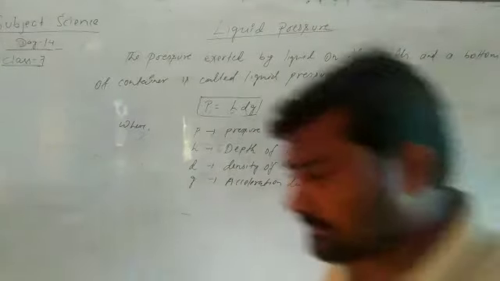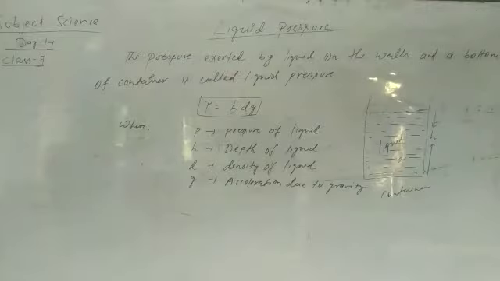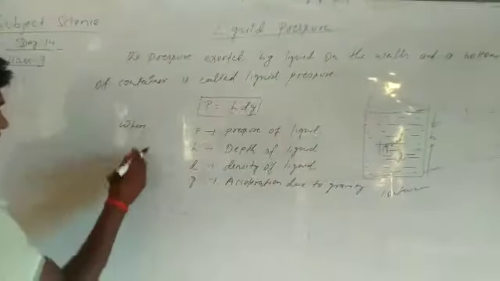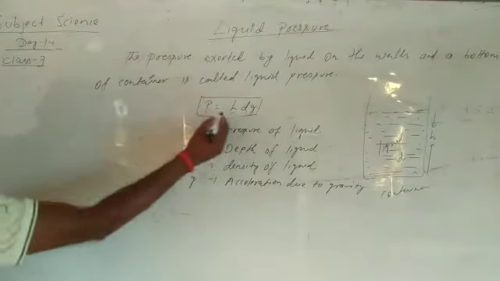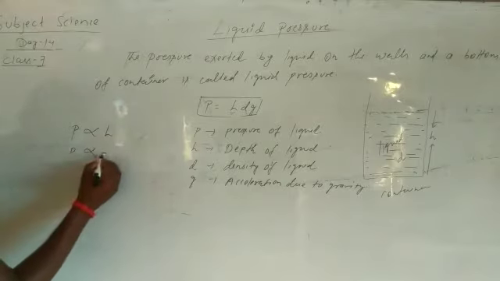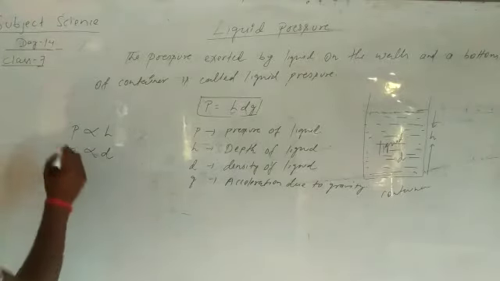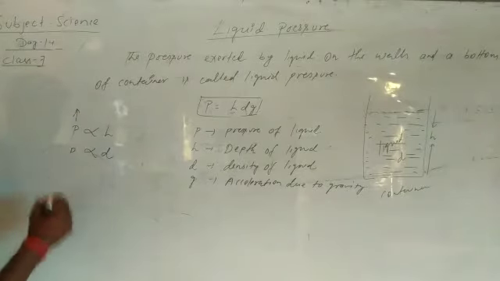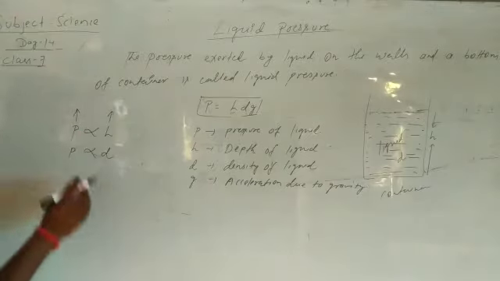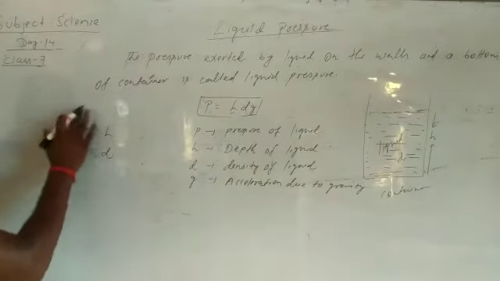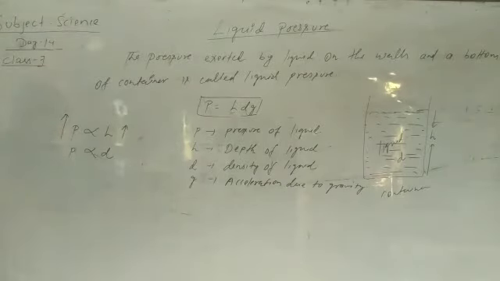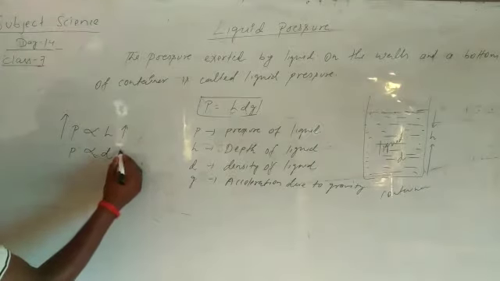So we can say P is directly proportional to h, and P is directly proportional to d. It means when the height increases, the pressure also increases.